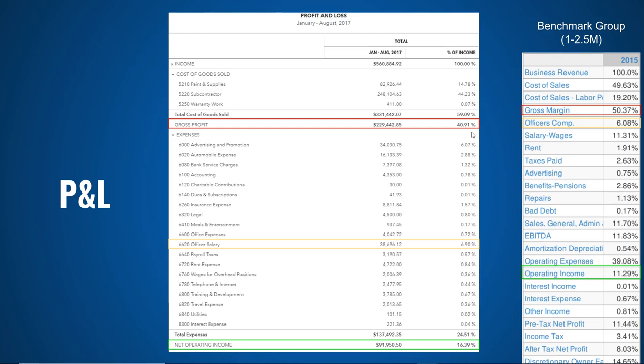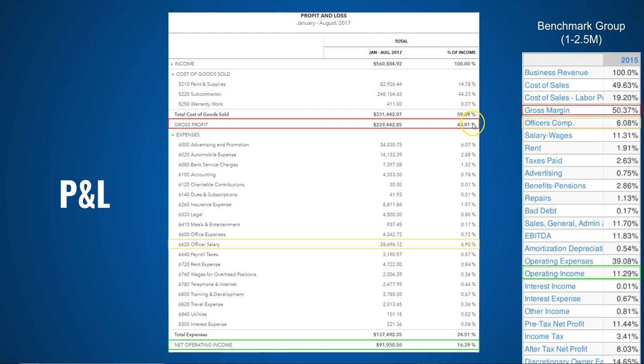For painting businesses, generally you should shoot for between 40 and 50% of gross profit. If you're using subcontractors, they're usually a little bit more expensive, so you might be closer to 40% gross profit. If you're using employees, they're usually a little bit cheaper, and you can probably hit closer to 50%. That's just a general guideline. In this case, this business is doing decently, considering they use subcontractors exclusively.